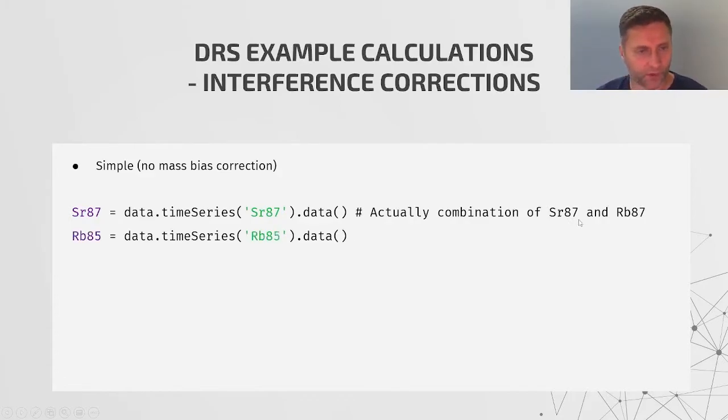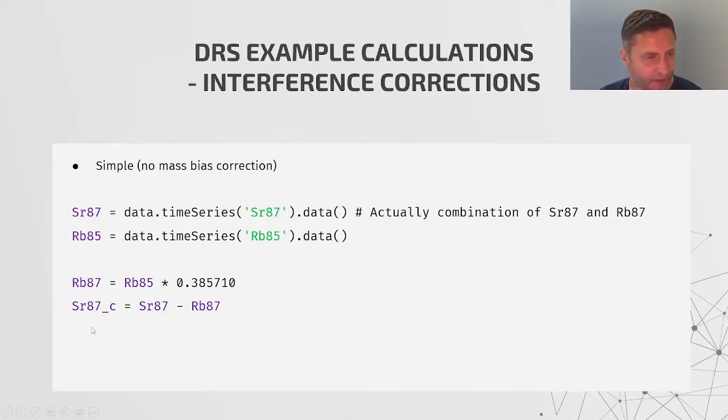So we would also call our rubidium-85, which is a different isotope that doesn't have any strontium on it. We would get that channel as well. Then we would multiply the rubidium-85 by the rubidium-87/85 ratio to work out what our rubidium-87 is based on this rubidium-85 channel, and then we subtract that rubidium-87 value from our 87, our combined channel, and this will give us our corrected 87 channel results.